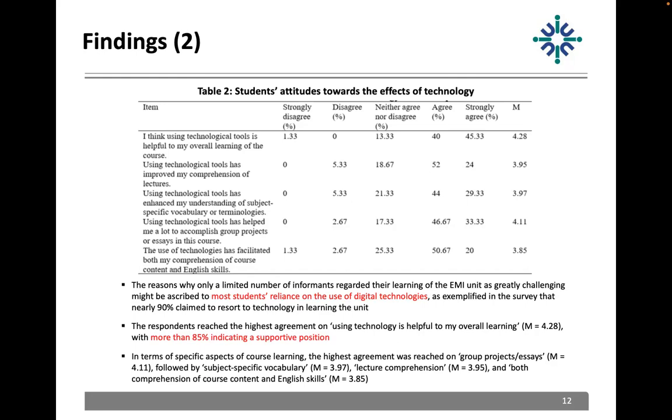And this was followed by the use of technology has facilitated my learning of specific vocabulary or terminologies, and also lecture comprehension, and then both comprehension of the course content and English skills.